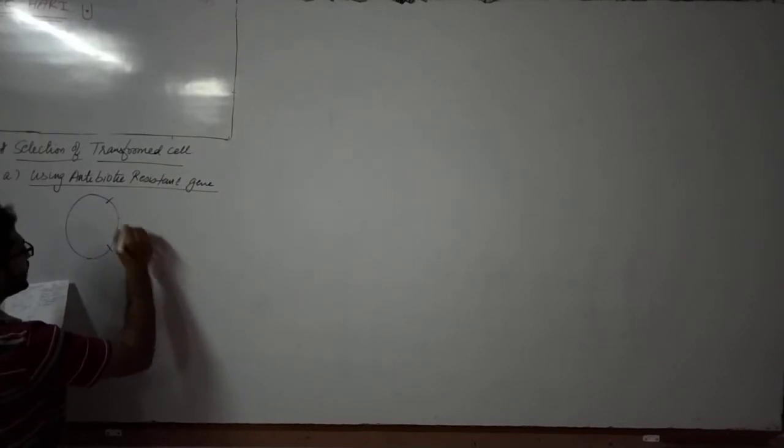Now that same plasmid pBR322, we will not draw all the structures of pBR322, we will draw only a few. Let us say this is the site of BamHI, and here the tetracycline resistant gene was present. And in this segment, we also know the ampicillin resistant gene was present.